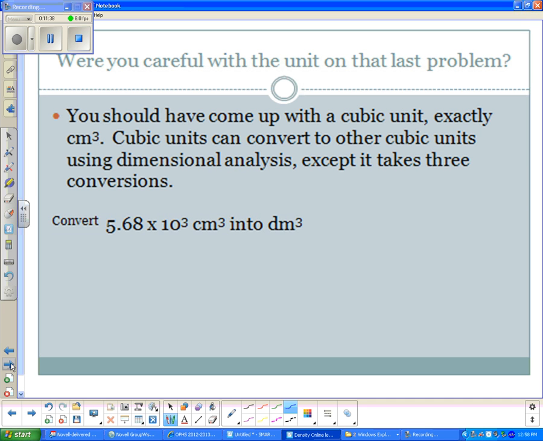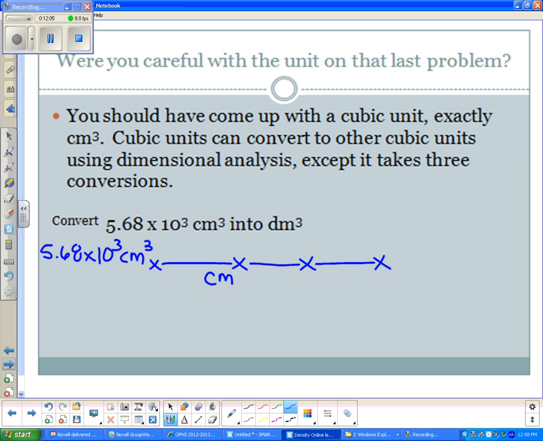So here, if we have 5.68 times 10 to the third cubic centimeters, well, where do we need to go first with this? Well, with the way that we're doing it right now, we're going to have to do a couple of conversions. Right now, we've always been converting to the base unit, so we need to do that first.